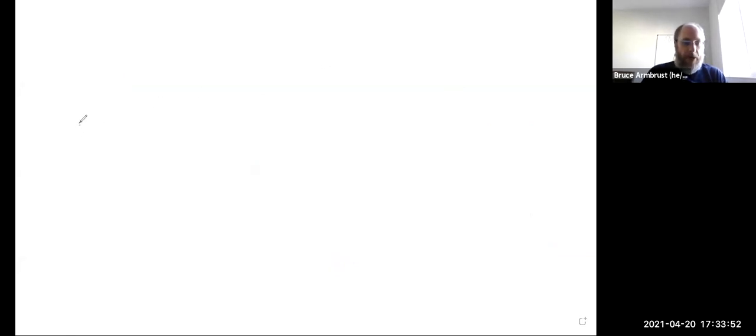We can set up a little scenario where we've got a screen that has two holes in it, and we're going to have a light source over here. So here's our light bulb, and that light is sending out waves.